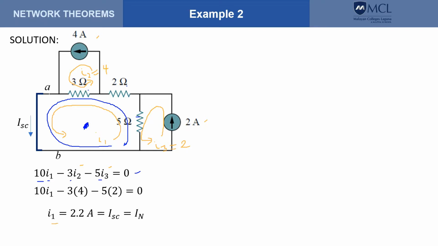Now I sub SC in terms of the loop current should be equal to I sub 1, because that's the only loop current that flows through this branch. So therefore, we have ISC, which is also our I sub n, equal to this value.